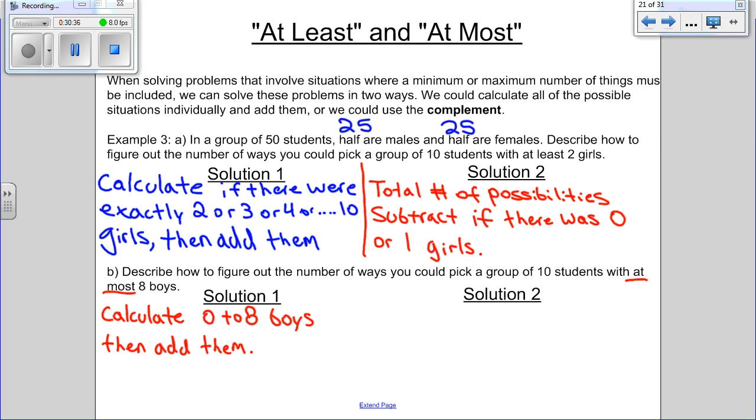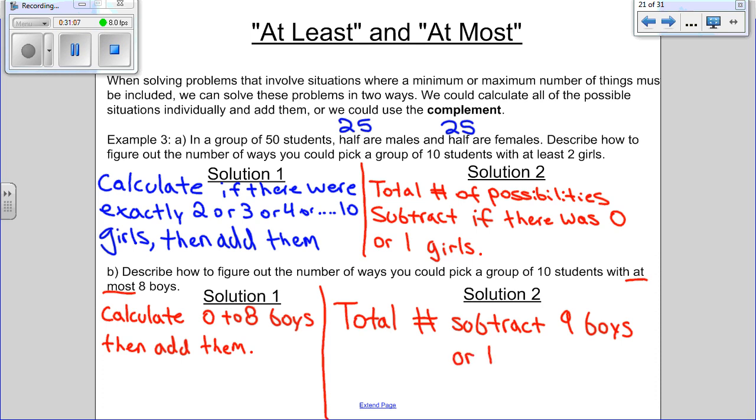So what you could do is you could just take the total number minus, so I'm actually going to subtract, nine boys or 10 boys. Right? When you're saying at most, you're also saying something else. There's always an opposite to it.